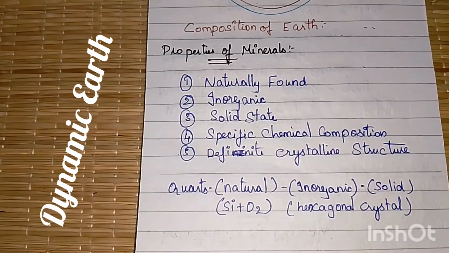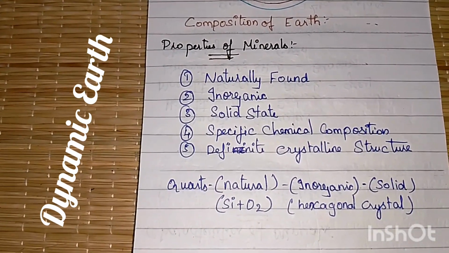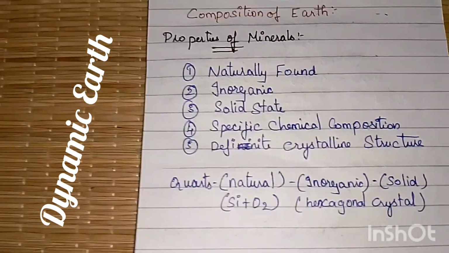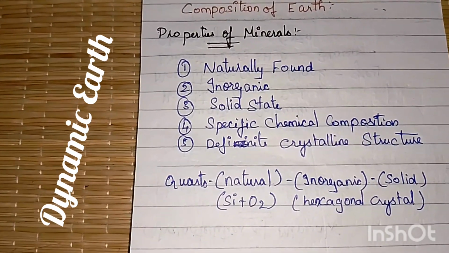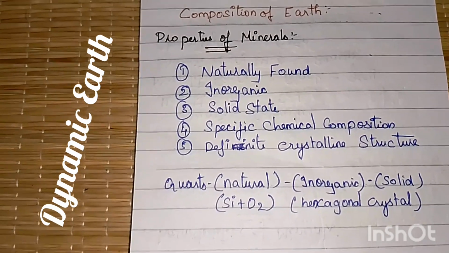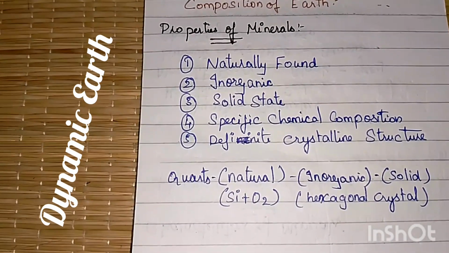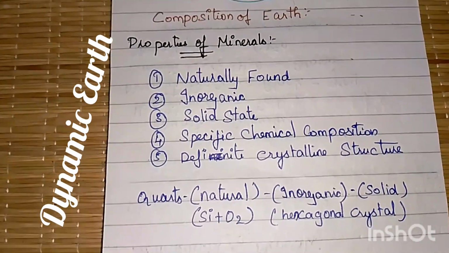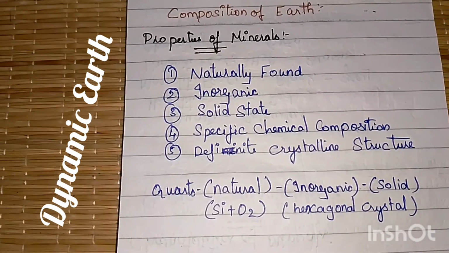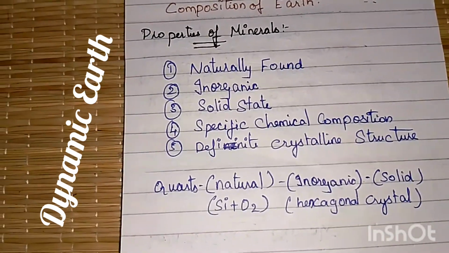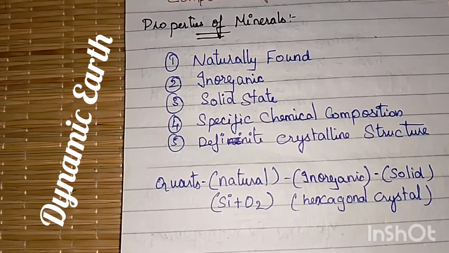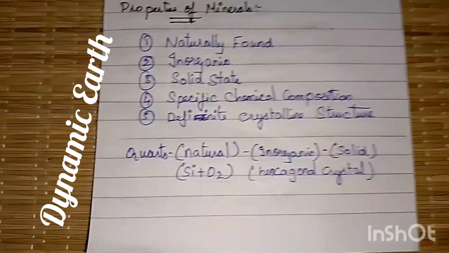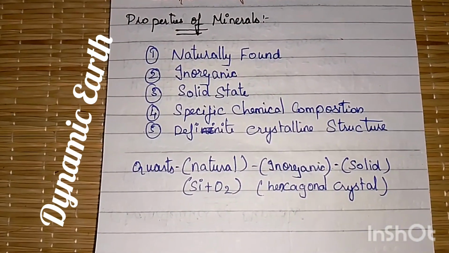For a substance to be called a mineral, there are some properties it should satisfy. One is that it should be found naturally. Substances that are produced in a laboratory are not considered to be minerals. A mineral should be formed naturally, it should be inorganic, it should be in a solid state, it should have a specific chemical composition, and it should have a crystalline structure.